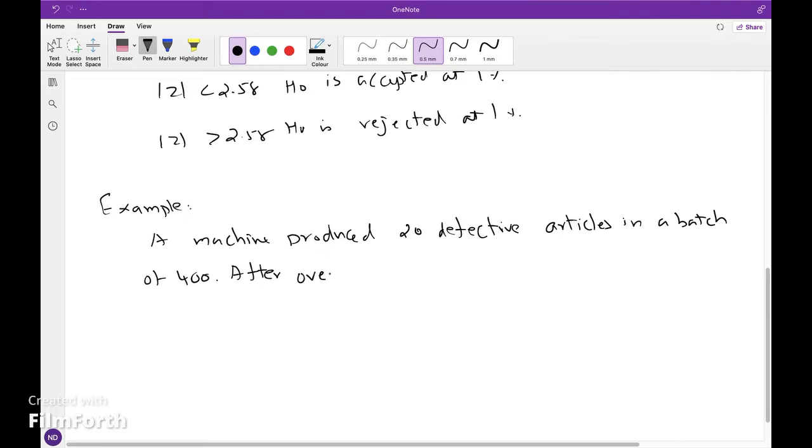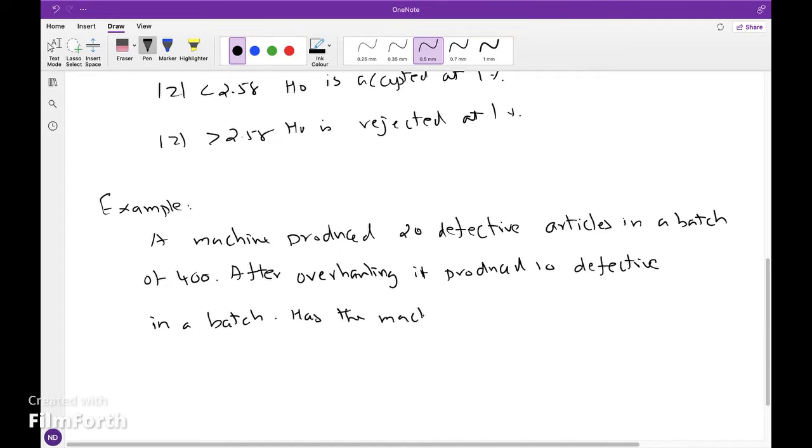After overhauling, it produced 10 defective articles in a batch of 300. Has the machine improved? That is our question.